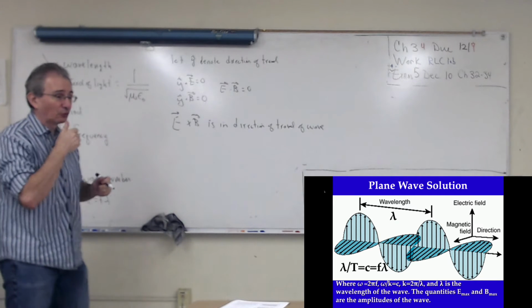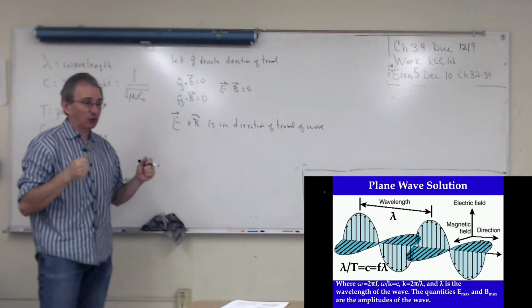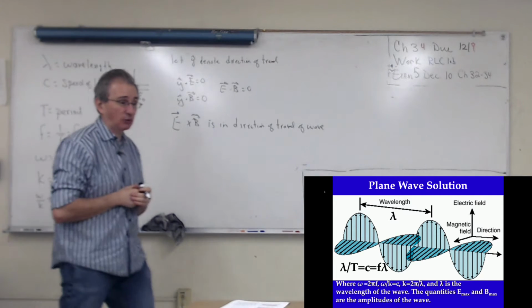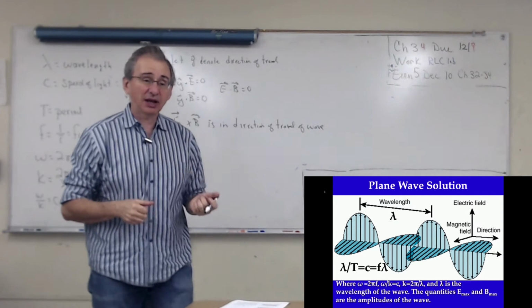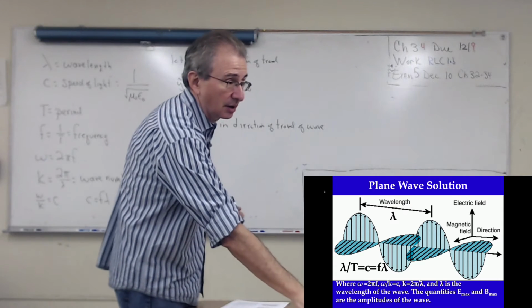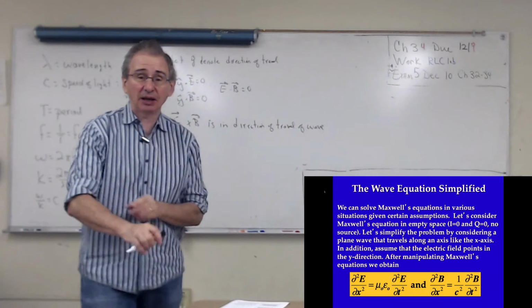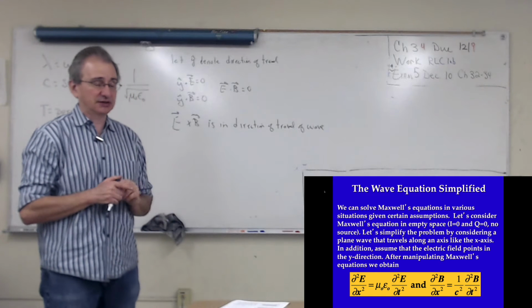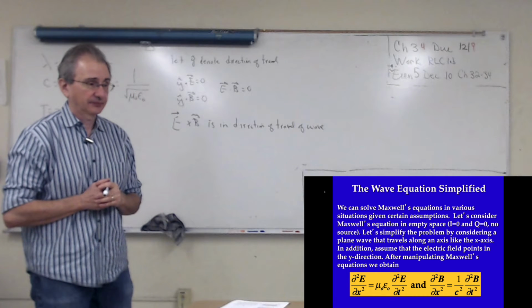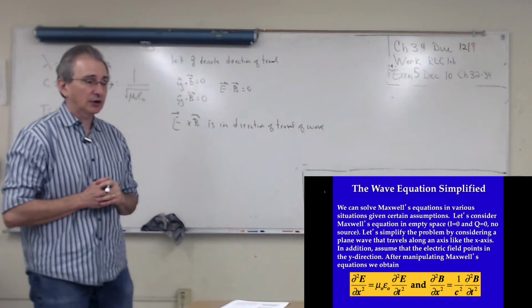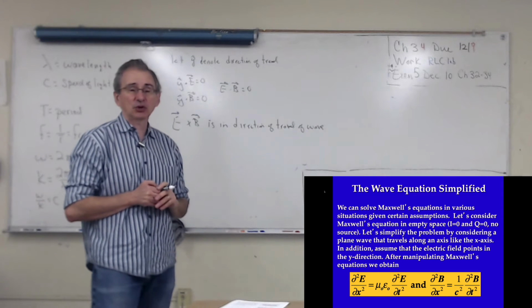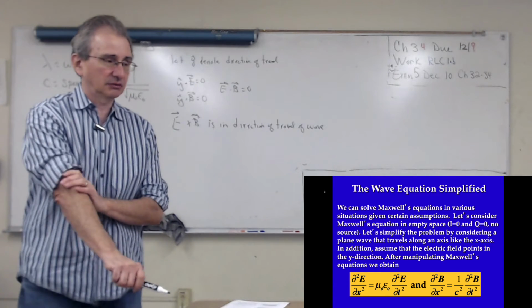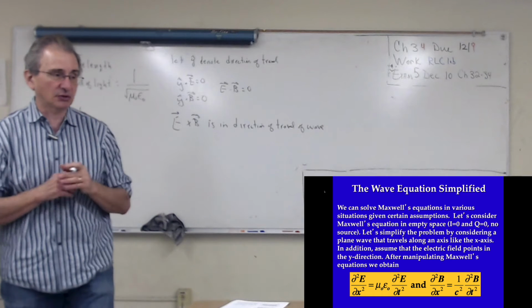Now, what is the equation that governs the properties of these electromagnetic waves? And it's the wave equation. And the wave equation can be derived under various circumstances. If we look at the case when we're real far away from the source, where we can say I equals 0 and Q equals 0, essentially, because we're far away from the source.